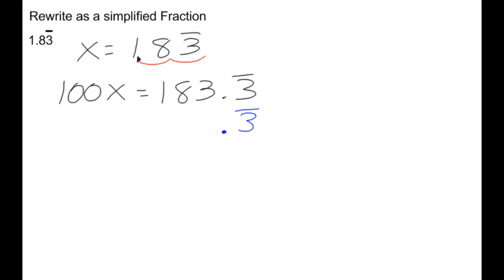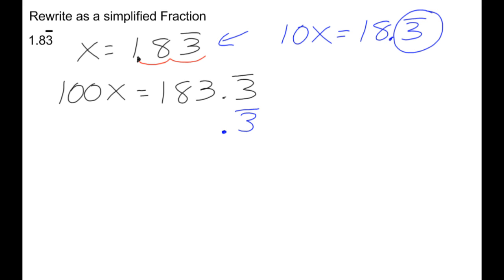To do that, up here, if I use 10x equals 18.3 repeating, notice that I have just my 0.3 repeating part when I multiply by 10. So what I'm going to do is subtract 10x. Well, what does 10x equal? That's equal to 18.3 repeating.